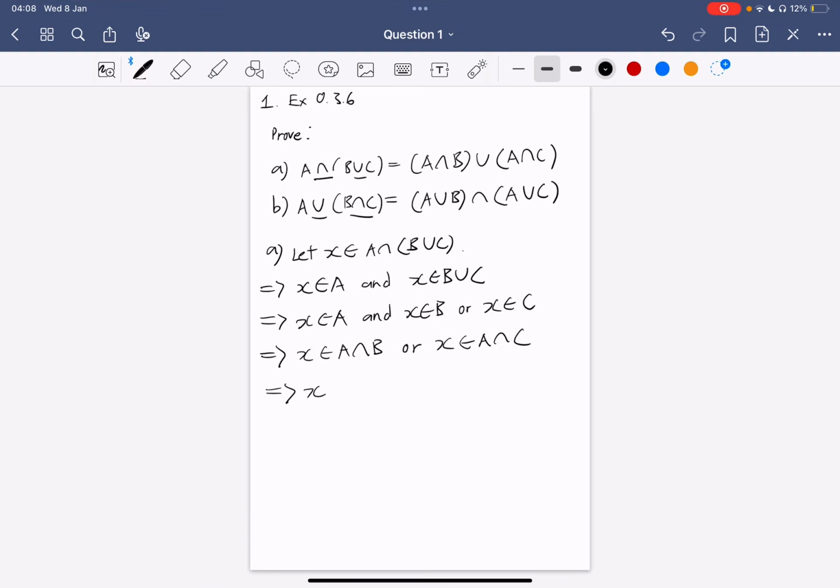Putting that in one line, we get X is an element of A intersect B, or represented by the union sign, X is an element of A intersect C. Thus, we have shown that the set on the left-hand side is a subset of the set on the right-hand side.